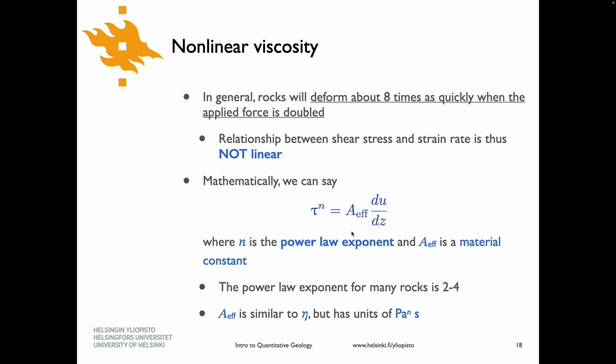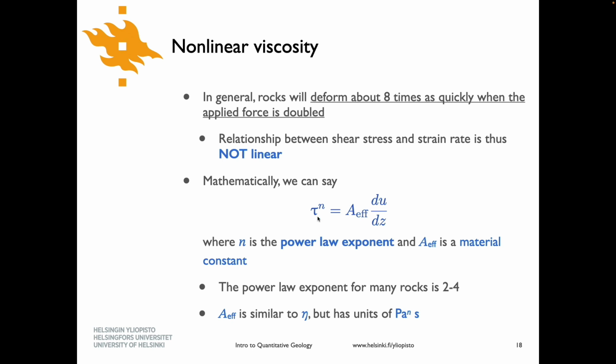Now, this pre-exponent is similar, it's another material constant, A effective, but it has funny units: pascals to the n seconds, because it is this shear stress. So this would be sigma, this shear stress to some power n, and so you should have some power law exponent over here as well to get the units to work out.